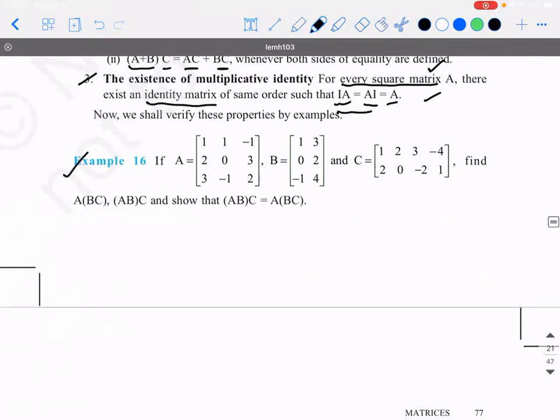So example number 16. Can you do it fast just for my satisfaction? I know most of you have solved this, but do it fast and tell me if it is working or not.